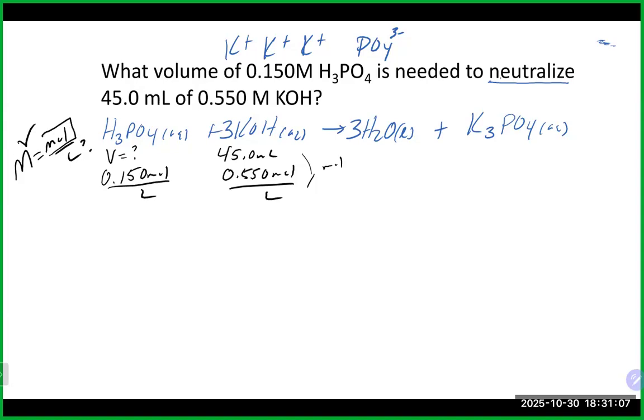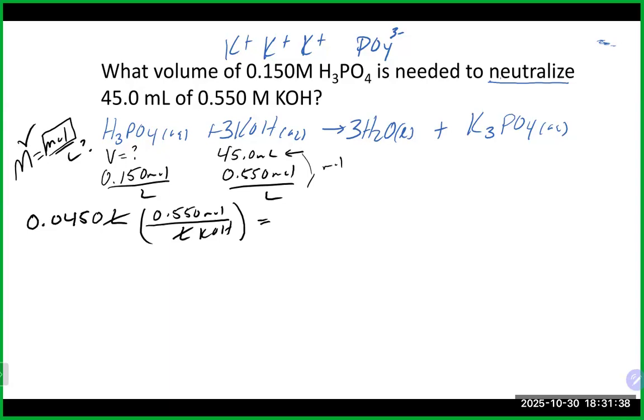So once again, like kind of normal here, we're going to use stoichiometry to get to the moles part that we need to basically finish the calculation. So we'll start with our moles. We're going to convert our volume into liters. Again, divide by 1,000 or move your decimal place 3 places to the left. We will use our molarity of the KOH, and here we do want the liters on the bottom so that they do cancel out.